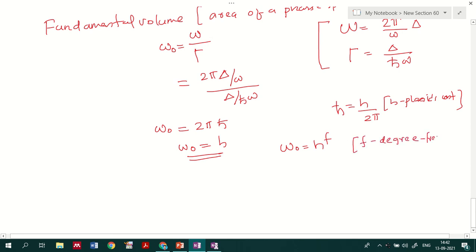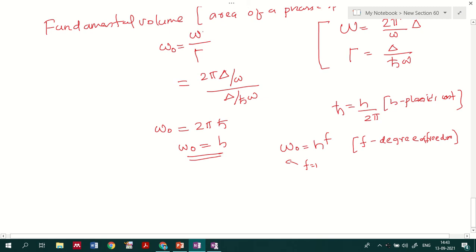Now in this case, we know that the degree of freedom is 1, that is f equals 1. So omega 0 equals h. Like the classical ideal gas case, here also we identified the total volume omega, then gamma, that is the number of microstates.